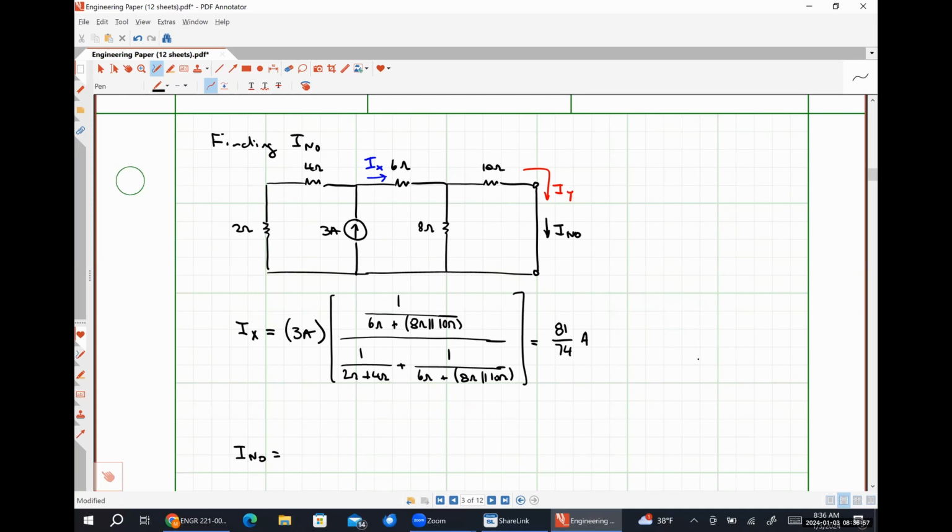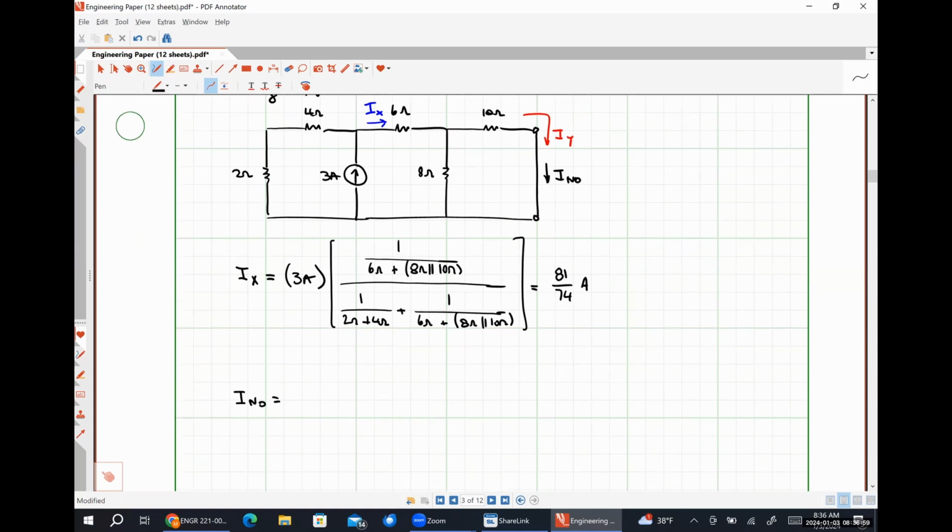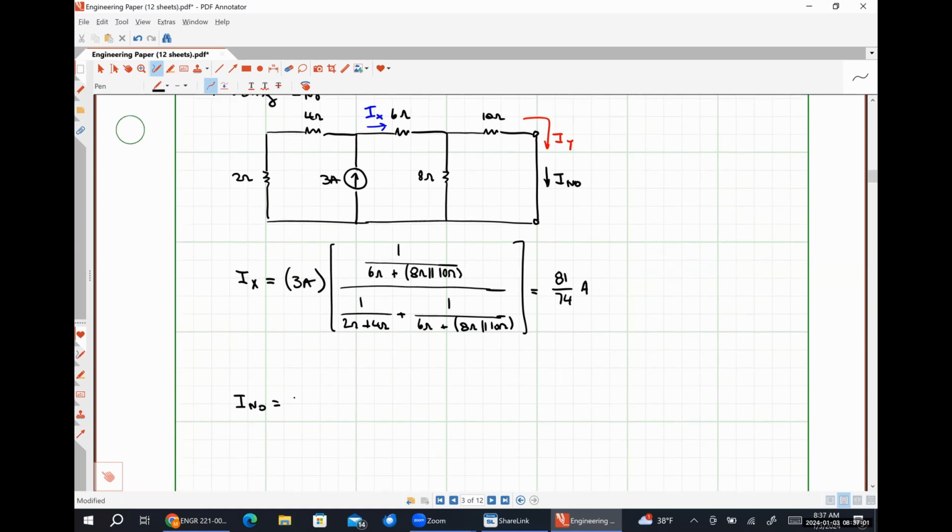And then let's see. So I Norton is going to be IX times 1/10 over 1/8 plus 1/10.